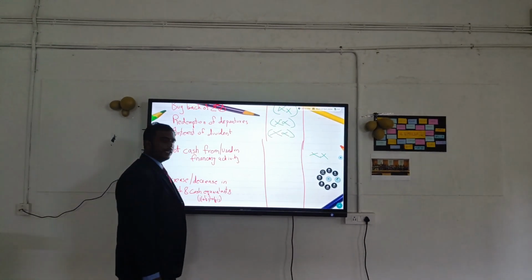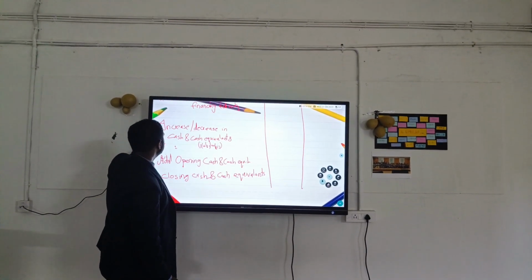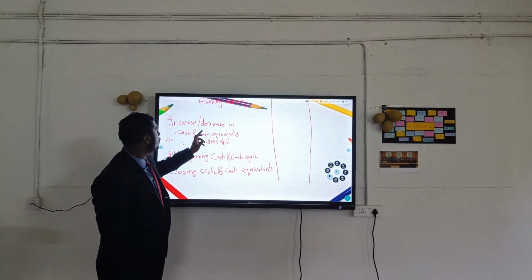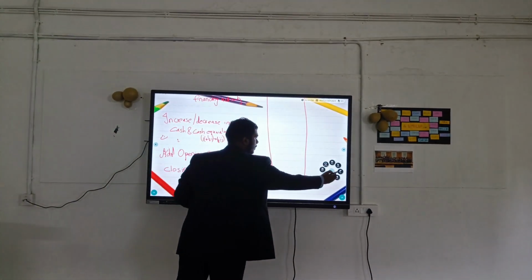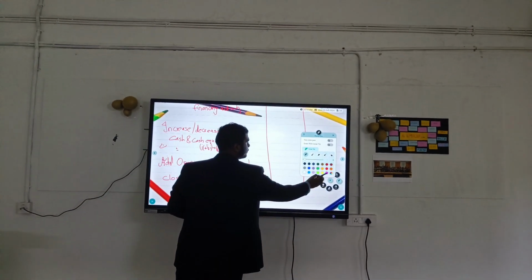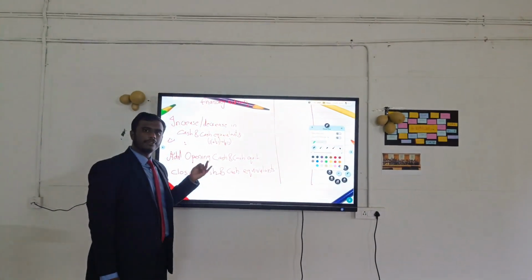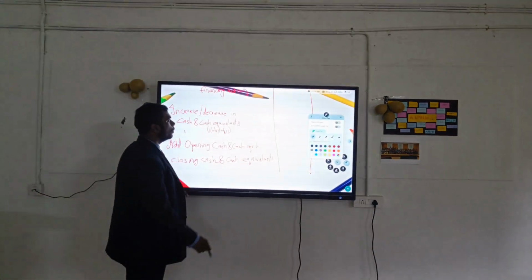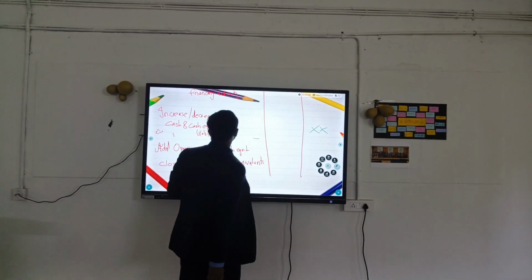And next is the main step, which is the increase or decrease in cash and cash equivalents. At this step we should add the operating activity, investing activity, and financing activity, and this amount should be written in the outer column.